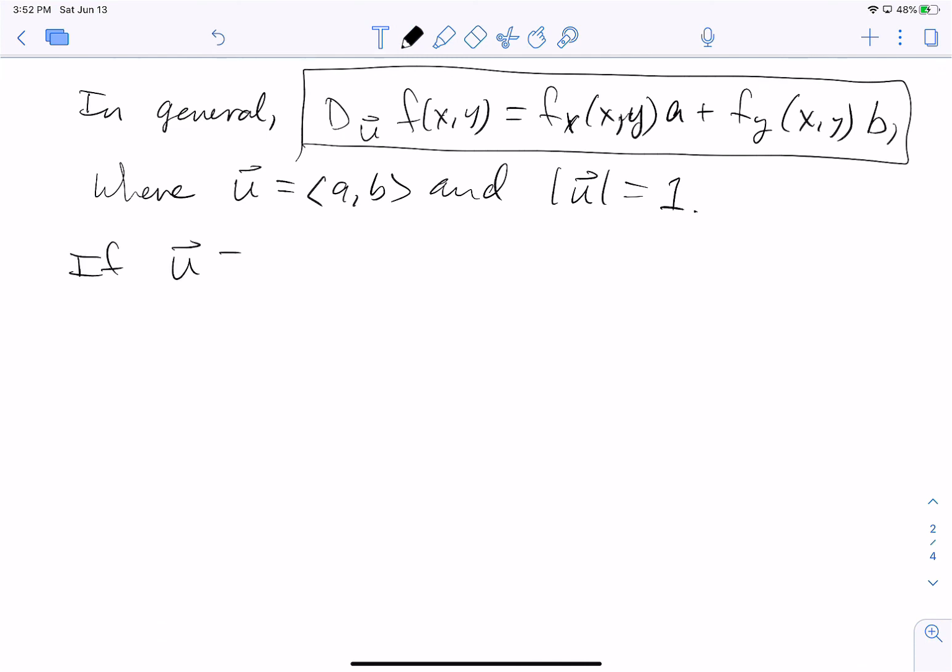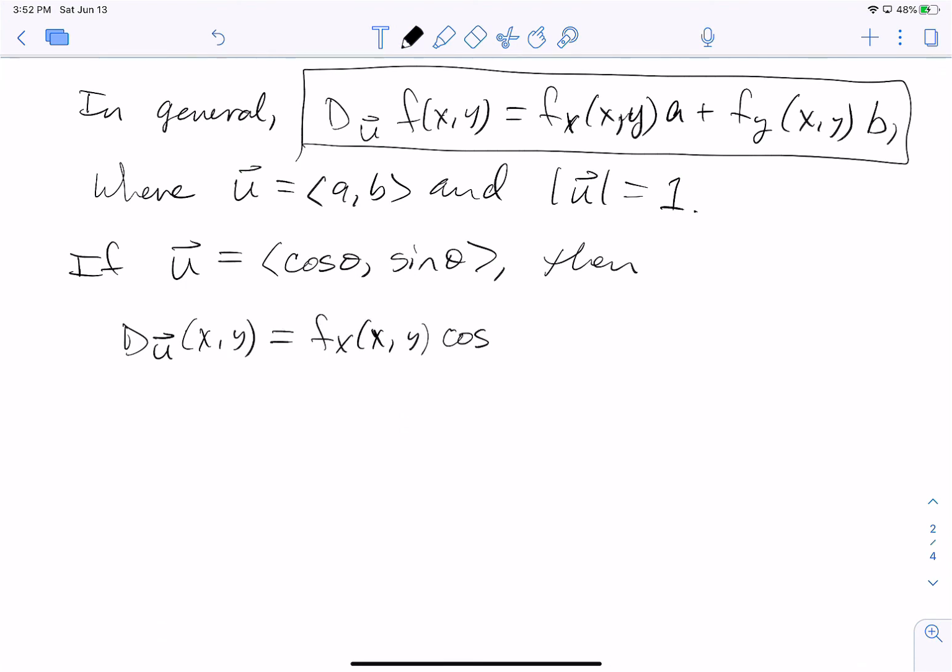If u, the unit vector, is cosine of theta, sine of theta, then the directional derivative in the direction of u at x, y is equal to fx at x, y times the cosine of theta plus fy at x, y times the sine of theta.